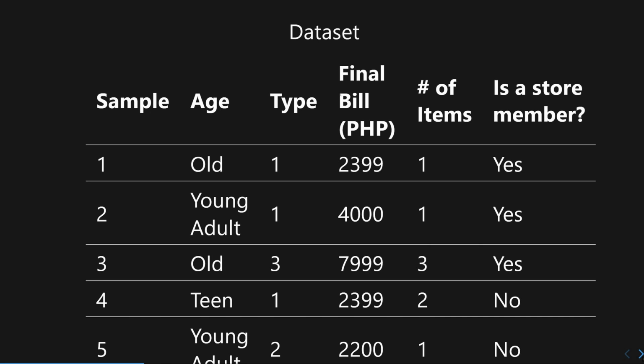You have age, type, final bill in PHP, the number of items, and another variable, is a store member. So you can imagine that this data set would probably be a representation of the transactions in a store, for example.